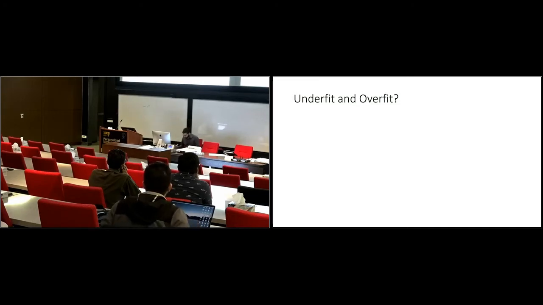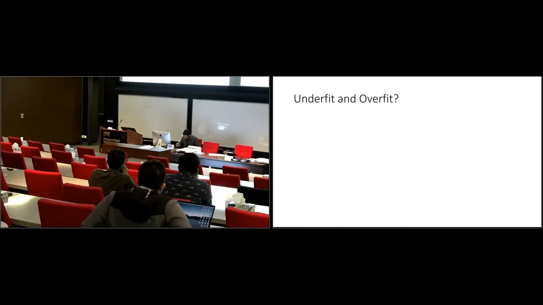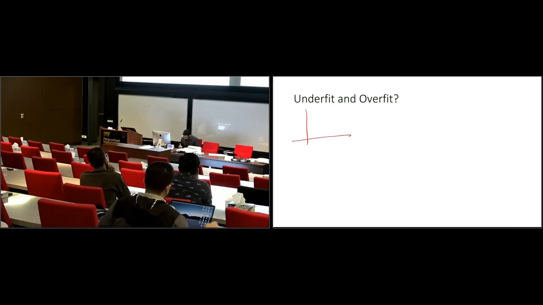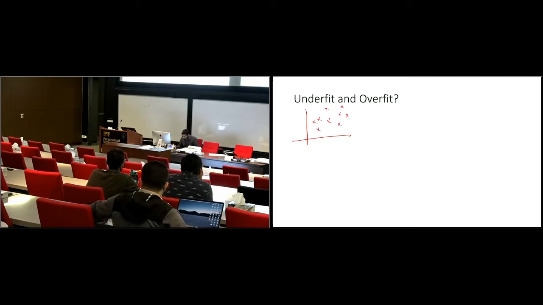Okay, so we saw this example. Let's say I am giving, I will draw some data points. And let's say at training time, when I was training my model, I took a subset of this data.